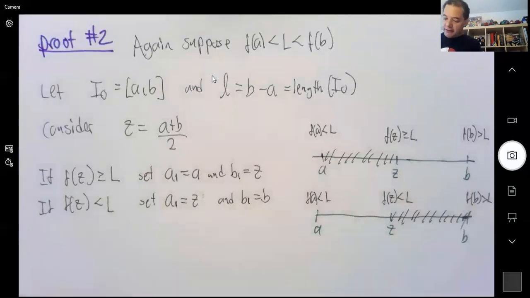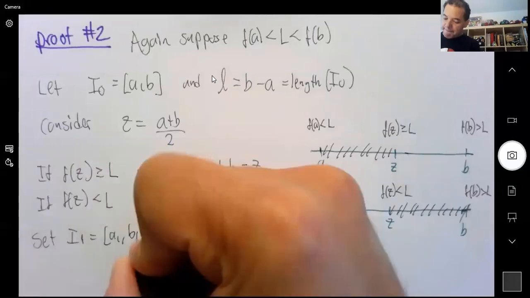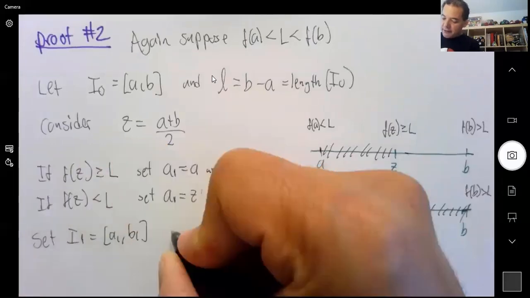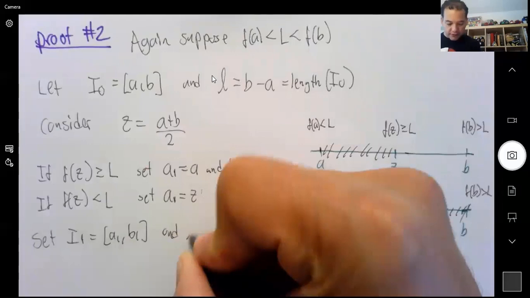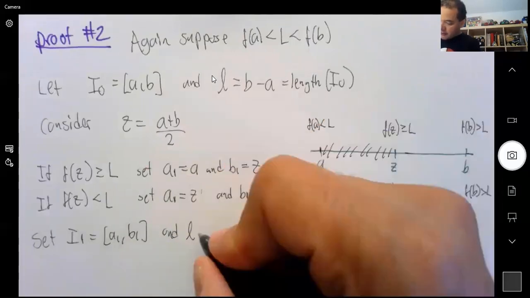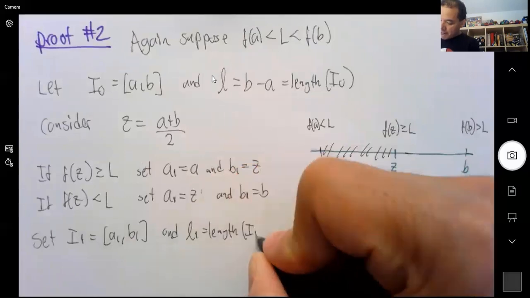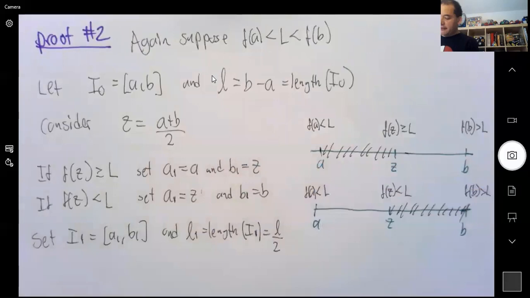And then set I1 to be A1, B1, and L1 to be the length of I1, which is just L over 2. The length is half of the previous length.